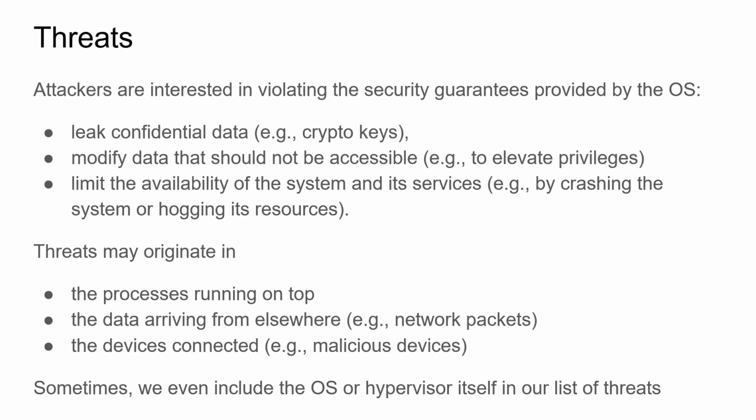Okay, and in some scenarios, we even include the operating system or the hypervisor itself in our untrusted code base, right? So, for instance, if we're talking about a cloud environment where we run important, secret stuff on hardware and a hypervisor, or perhaps an operating system that is not our own, right?